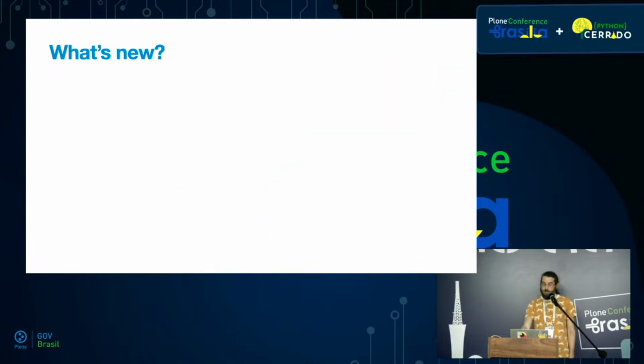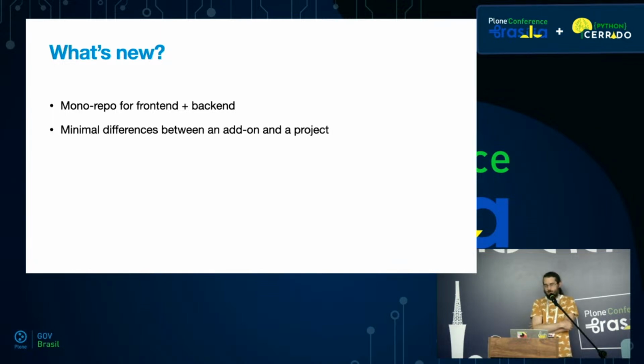So what is different with cookieplone compared to cookiecutter Plone starter? It's set up to create a monorepo. At least if you choose the project template, it's going to create both a front end package and a back end package in the same repository. And specifically, it'll do that whether you're creating an add-on or creating a project.